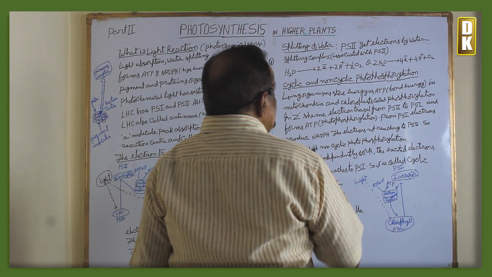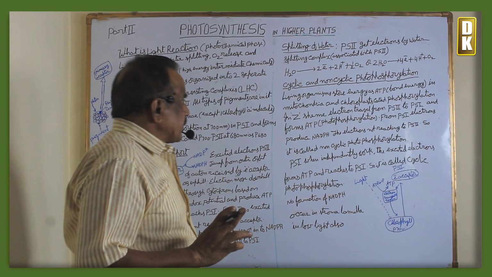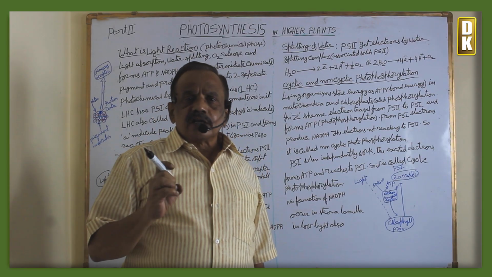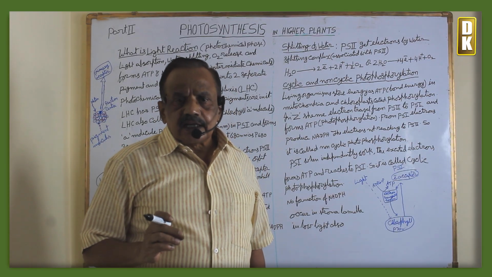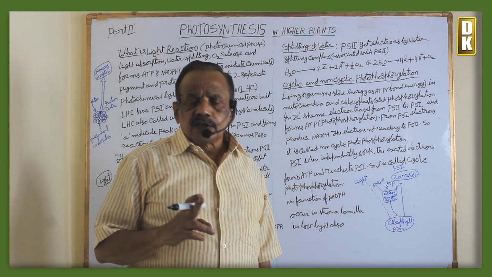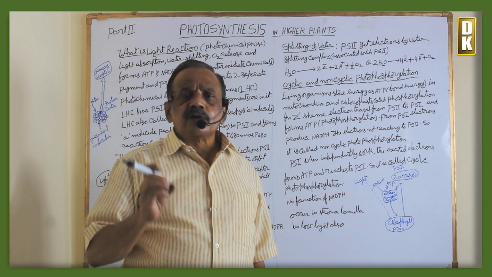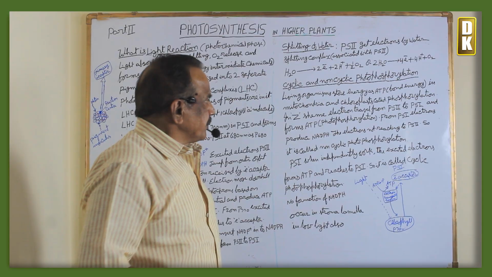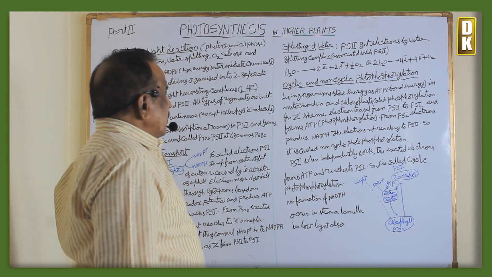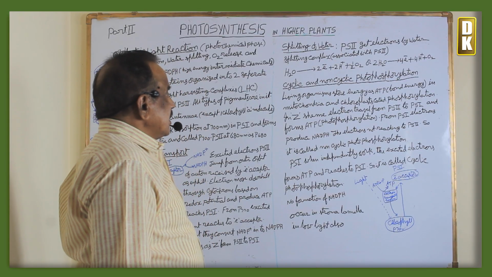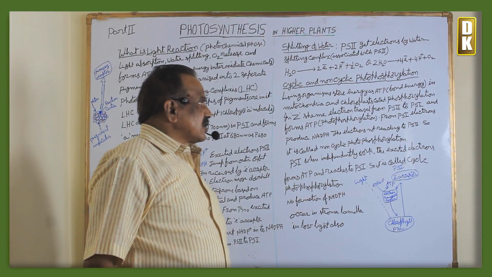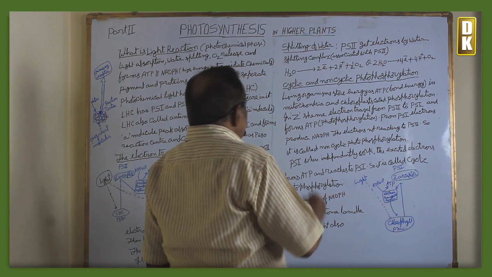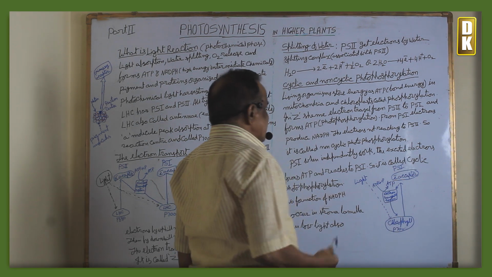Whatever energy is produced by the oxidation of different molecules will be stored in living organisms in the form of chemical bonds. You know that respiration will come in detail. That bond is called ATP, adenosine triphosphate, and this is done in the mitochondria and the chloroplast.